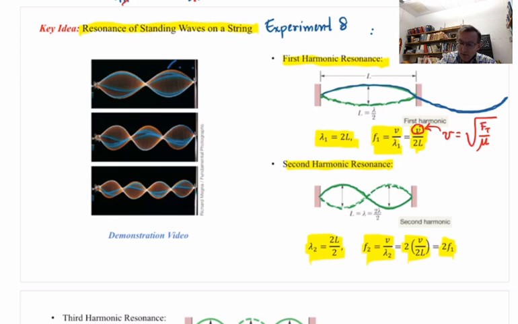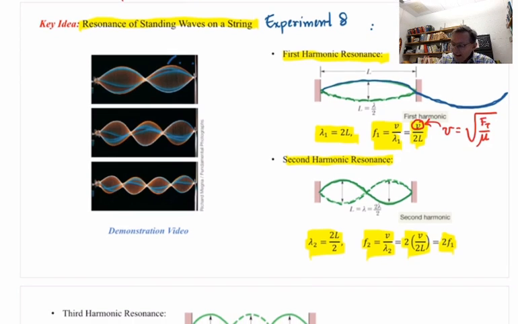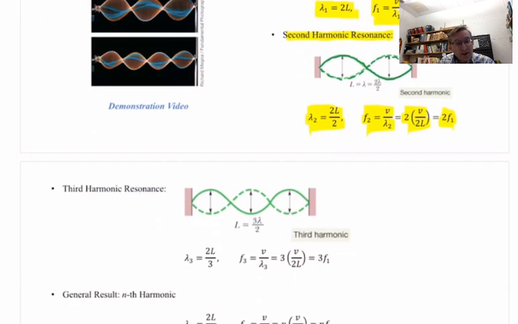Let's do one more. What's the next highest frequency that will give you a standing wave resonance on the string? It's called the third harmonic resonance. And in that one, you can fit 1.5 wavelengths over the distance L. And half a period later, the picture looks like the dashed line.